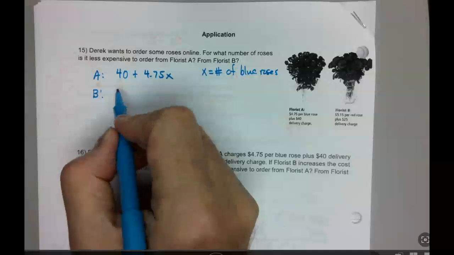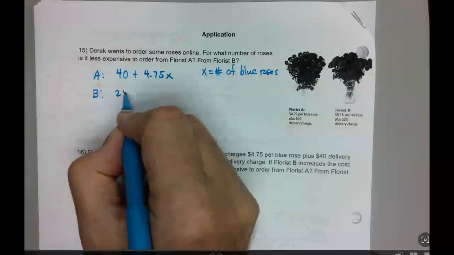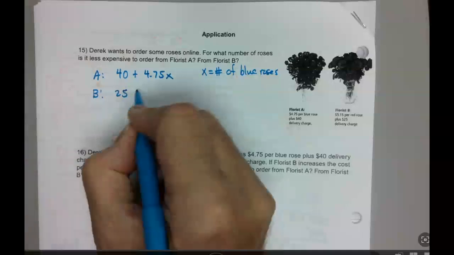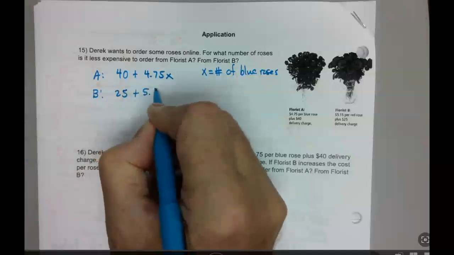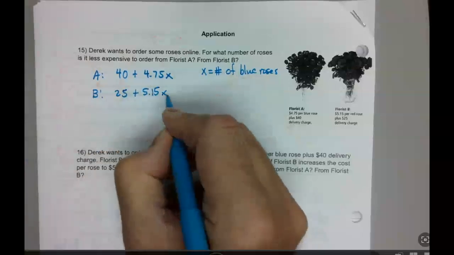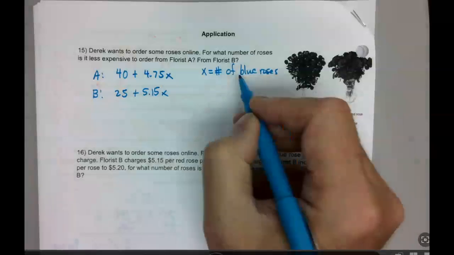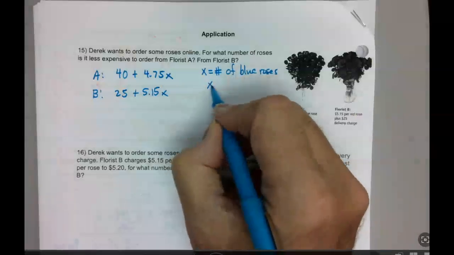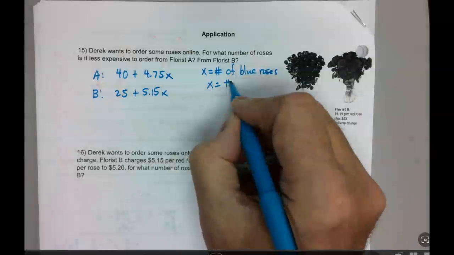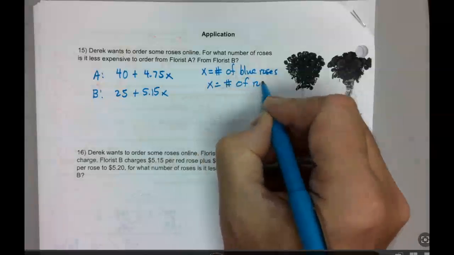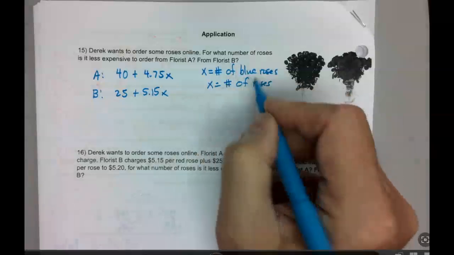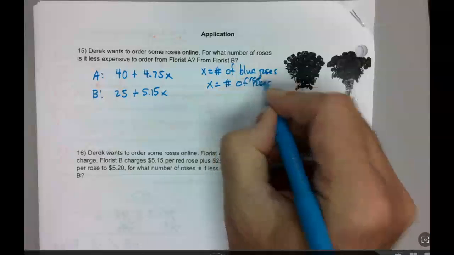B, okay, it's $25 delivery fee plus $5.15 per red roses. So really I just should say number of roses, correct? Agreed? You say red roses, but they're both the same thing.